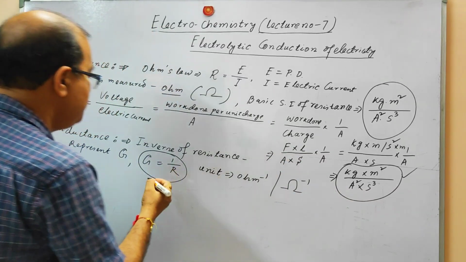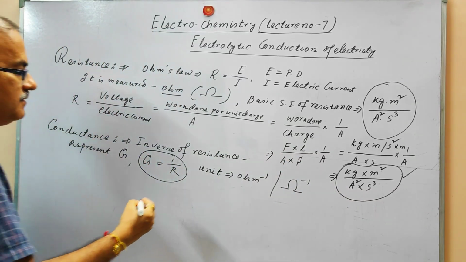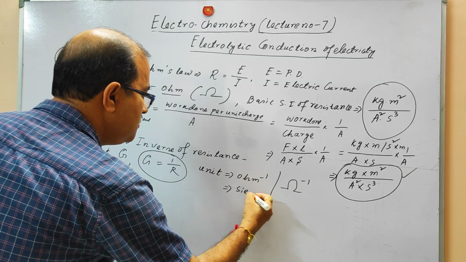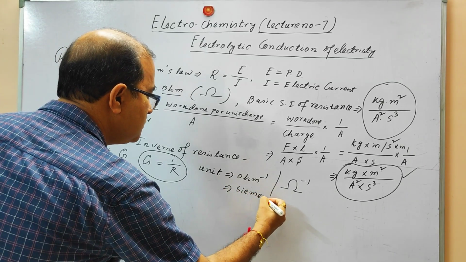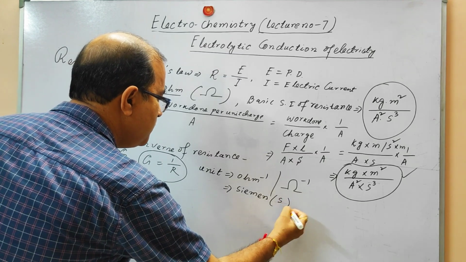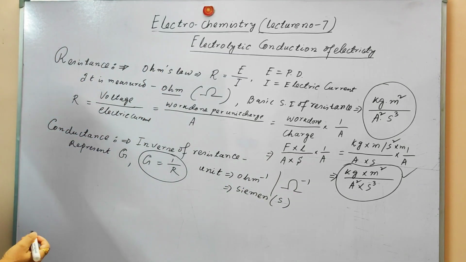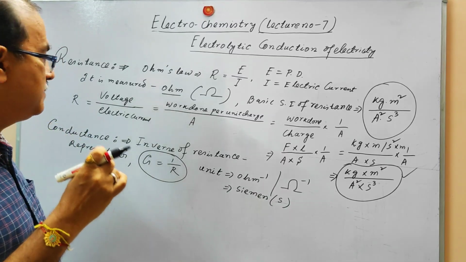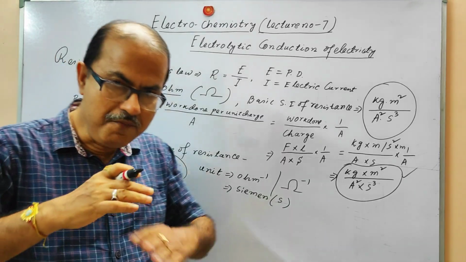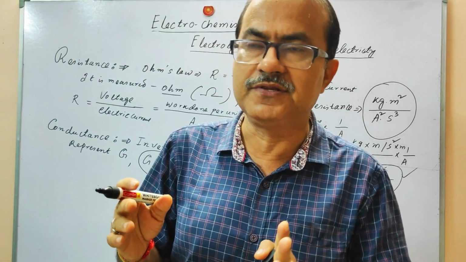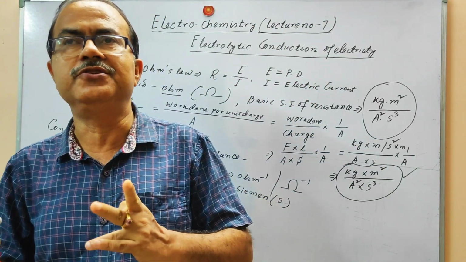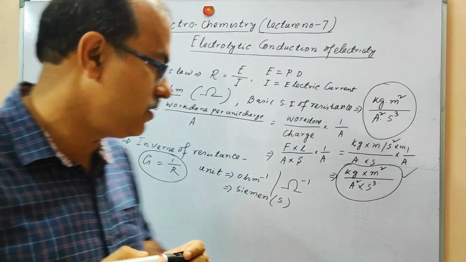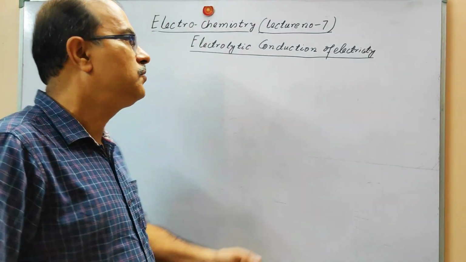Another unit of this conductance is the Siemens, that is represented by S. Okay, so this is a simple thing, that is conductance and resistance. But from this conductance and resistance, there are another two terms that are much more important, that we are going to understand now.